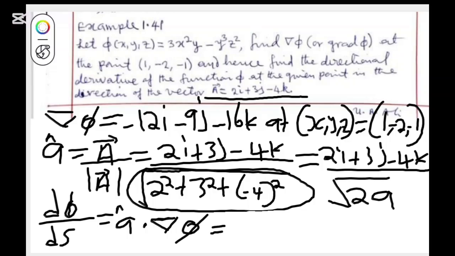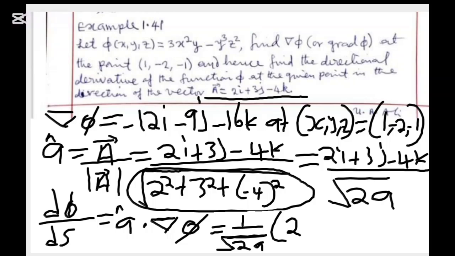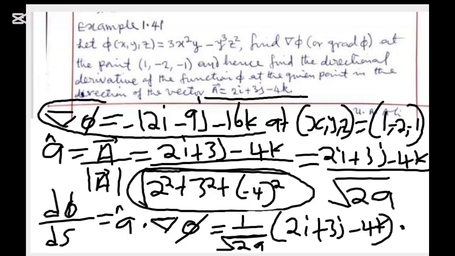So this is 1 over root of 29 times 2i plus 3j minus 4k, and we have to dot it with this value, the value of del psi.